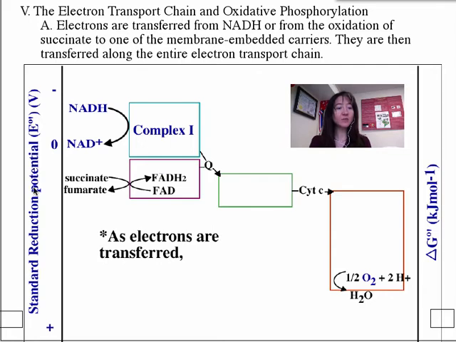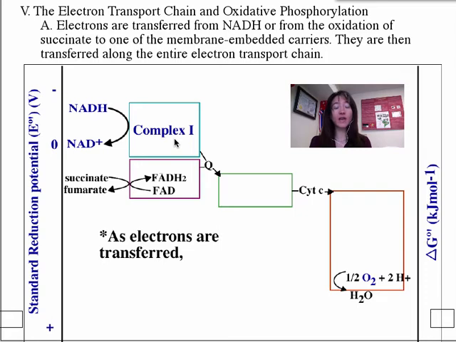Said in a more technical way, complex 1 has a greater standard reduction potential, a greater desire for electrons. Notice that standard reduction potential is listed on this left-hand axis. The greater the desire for electrons, the lower on this axis the molecule would be. So notice that complex 1 is lower on the axis, higher in standard reduction potential. Notice we're going from negative values of standard reduction potential to positive. So complex 1 has a greater standard reduction potential than NADH does.